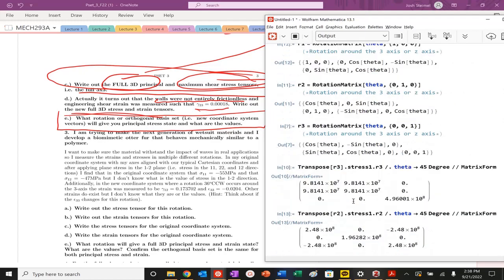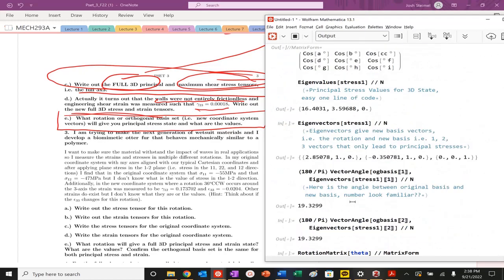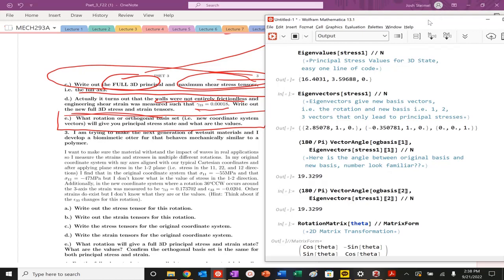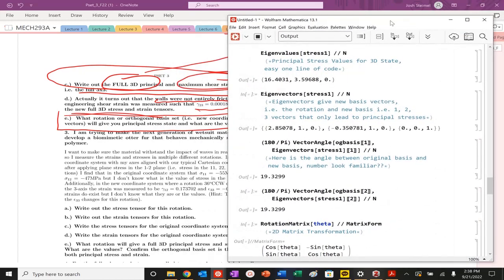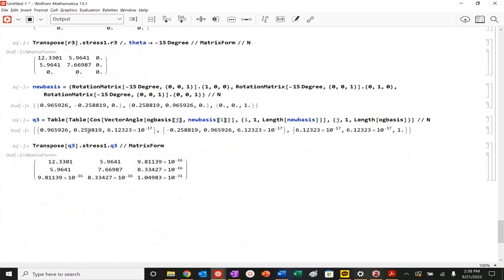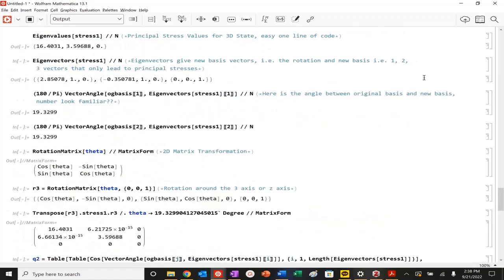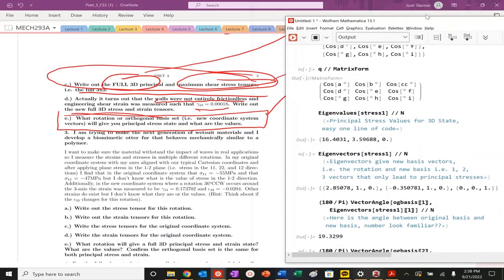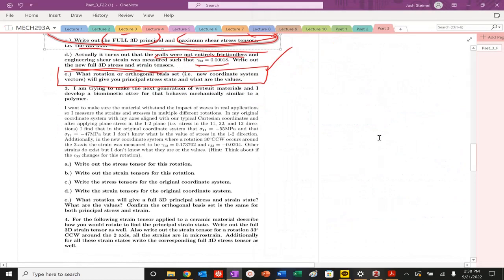And you see in that stress tensor that I basically have plane stress. So excellent. There are lots of different ways you can solve this problem, but when you're asked for the new orthogonal basis set for principal stresses, it's eigenvectors and eigenvalues. And now on to the next problem.